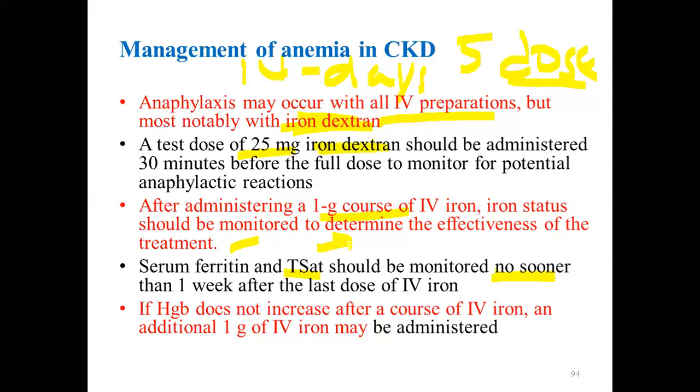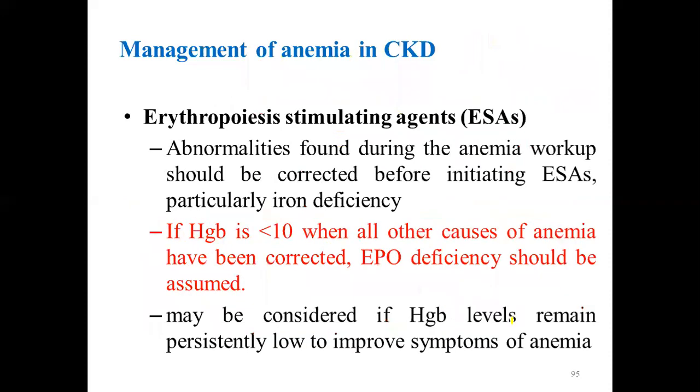Remember, if the hemoglobin does not increase after a course of IV iron, that is a 1 gram course of IV iron, an additional 1 gram of iron may be administered. That is the recommendation. Then when do we use erythropoiesis stimulating agents? Remember, abnormalities found during anemia workup should be corrected before initiating ESAs, particularly iron deficiency.